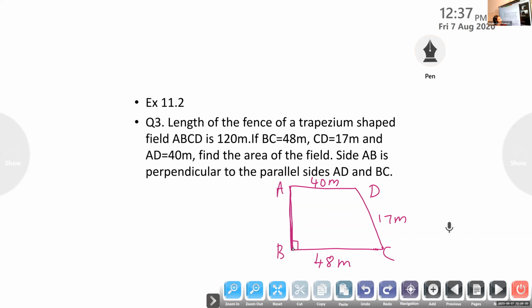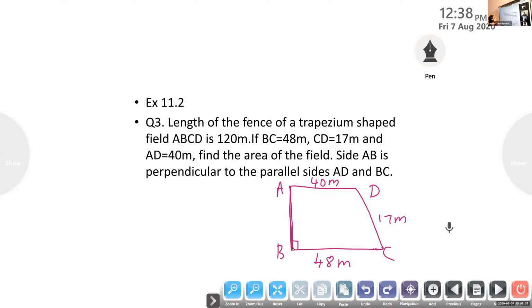How can we find AB? Ma'am, don't know, ma'am. Any idea? Read the question thoroughly.